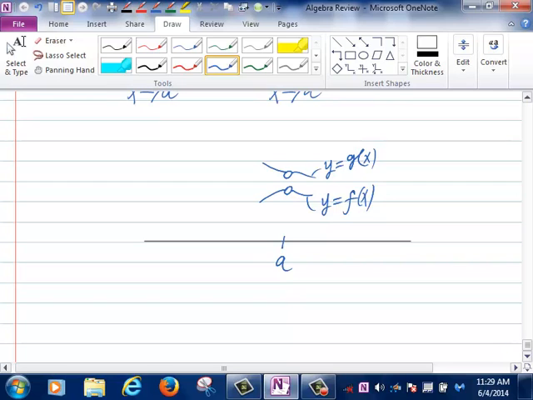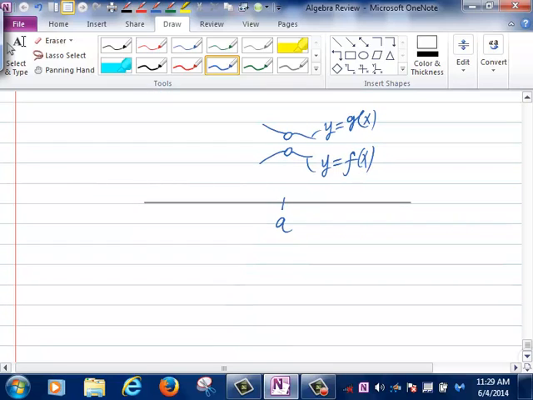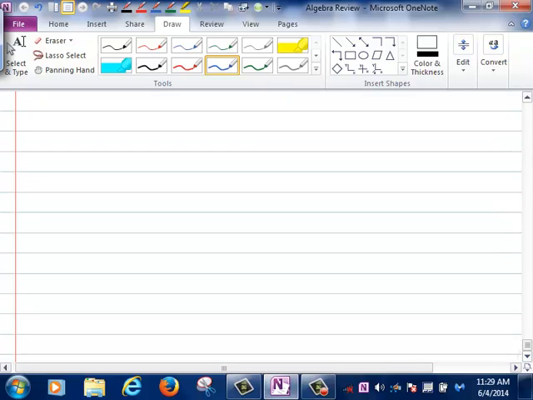The next theorem is the one that we are going to use later. This is the theorem, and it has a very weird name. It's called the squeeze theorem. People use another name for it. Some people call it the sandwich theorem.